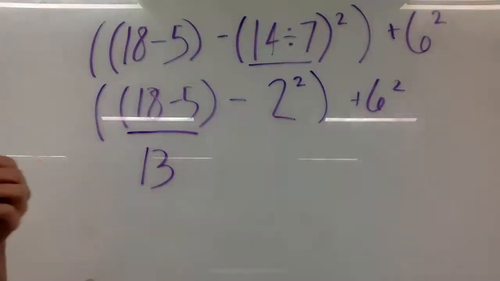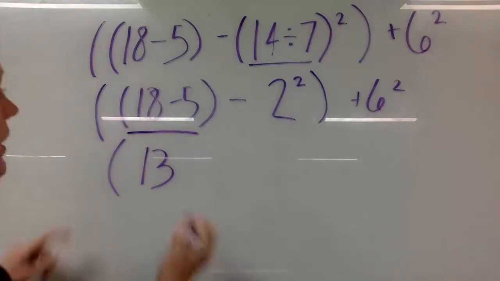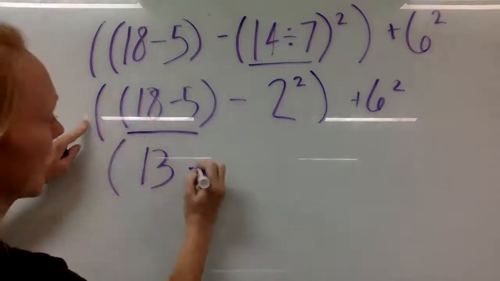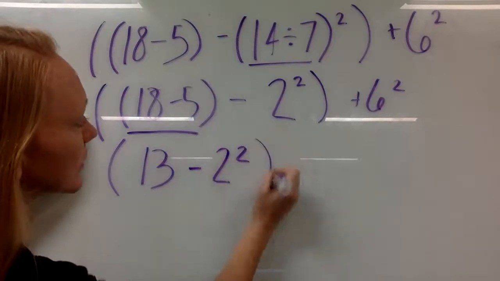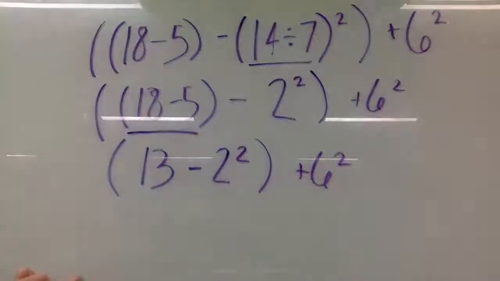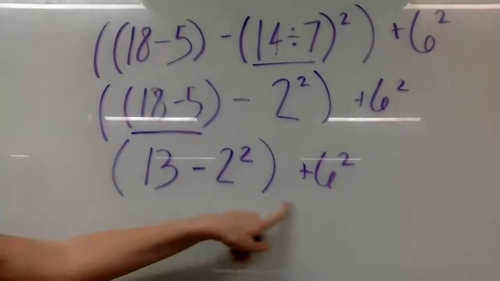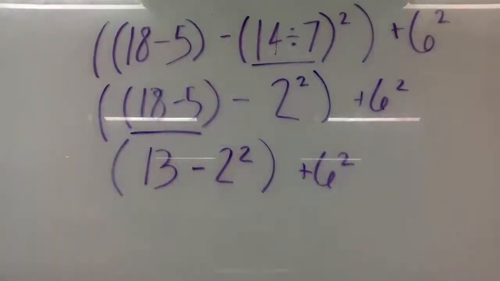So I'm going to write down everything one step at a time so I won't get mixed up. 13. We still have our parentheses, minus 2 squared, close the parentheses, plus 6 squared. Okay, we're still on parentheses because we had nested parentheses. It takes a little bit longer.